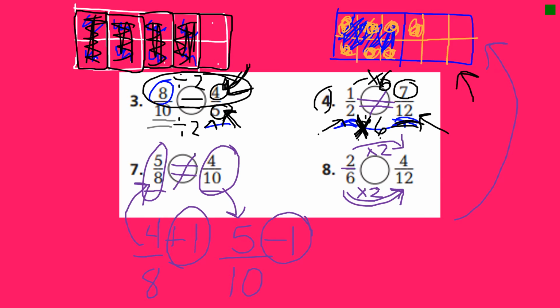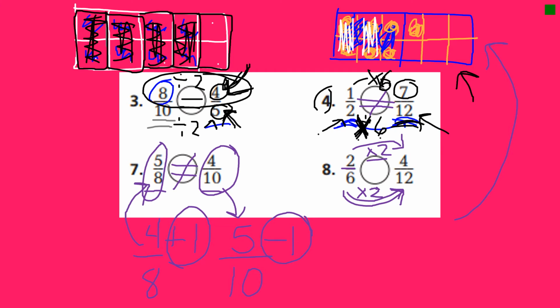Is 2 pieces times 2 4? Yes, it is. So just to prove it, since I have this handy dandy model up here, here are, I'm going to shade them white, 2/6, 1, 2, right?